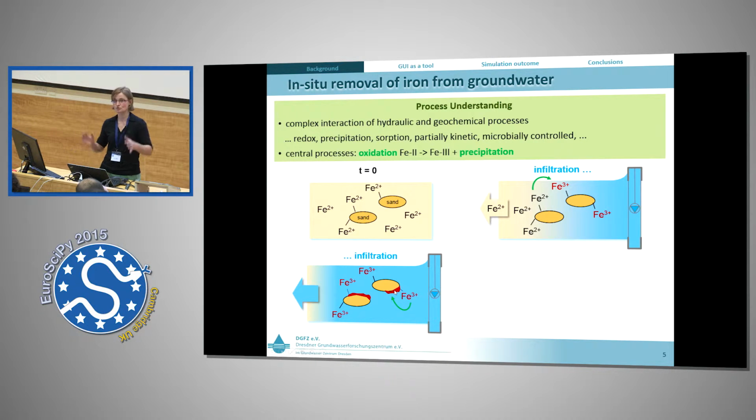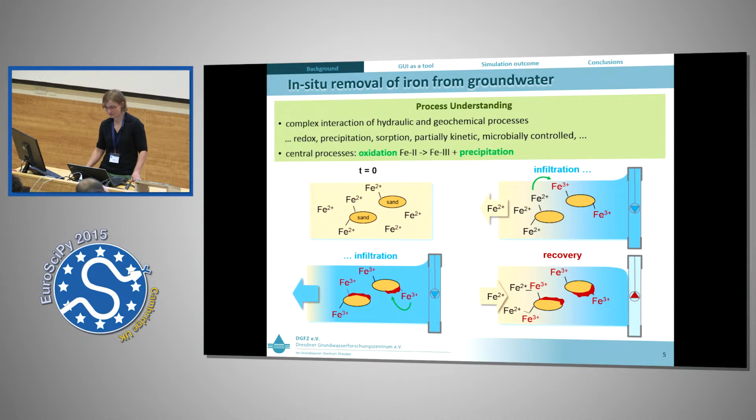And so it's stored there in the aquifer, which is your reactor. And after infiltration, there's a recovery phase of the well. Then there's no more dissolved iron anymore, and your water has a much lower iron concentration, so you can use it for tap water.